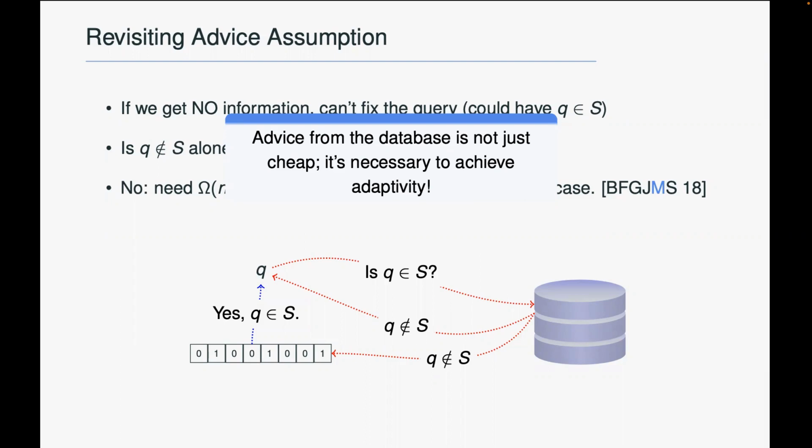Could you hand back some information? You say it works if we hand back the colliding elements. It doesn't work if we hand back only the fact that it collided. Is there a middle where we hand back half an element's worth of stuff? That's a great question, yes. All we need is, if the advice is only the next bit to append to the hash, that's enough.